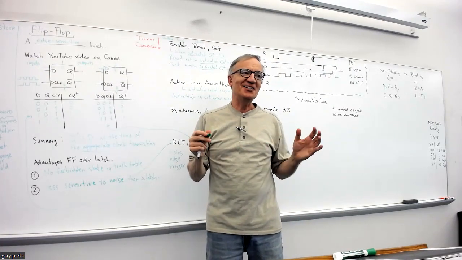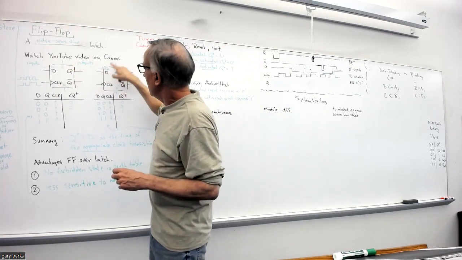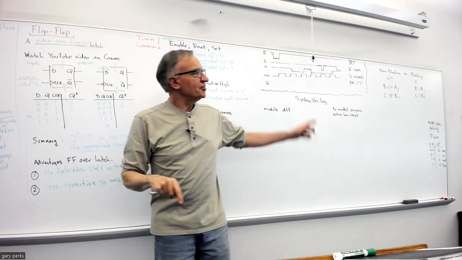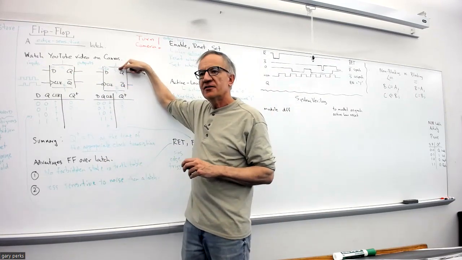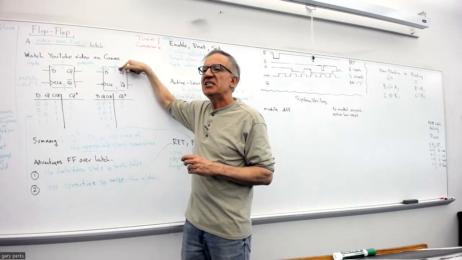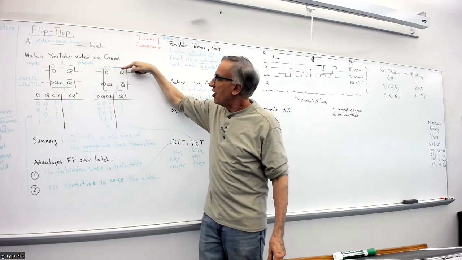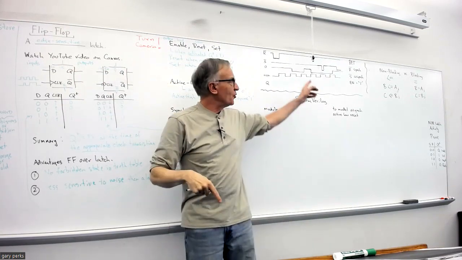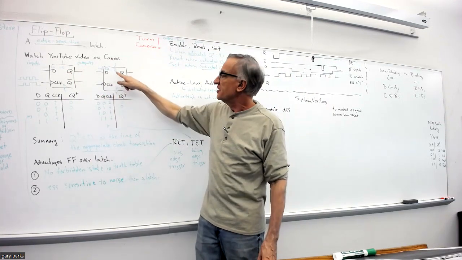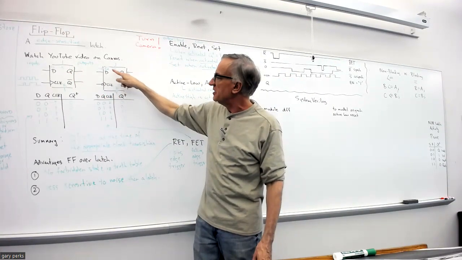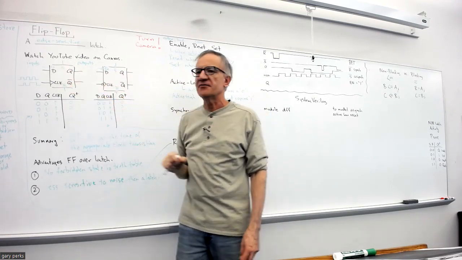I'm just telling you the way it is. On a symbol like this, and also in a timing diagram that we're going to get to, when there's a bar over an input, it doesn't mean not, like it does in a Boolean equation. A bar over an input in a diagram or in a timing diagram means active low. Okay, so this is active low set, active low reset, active low enable. Okay, if there's no bar, active high, active high, active high.